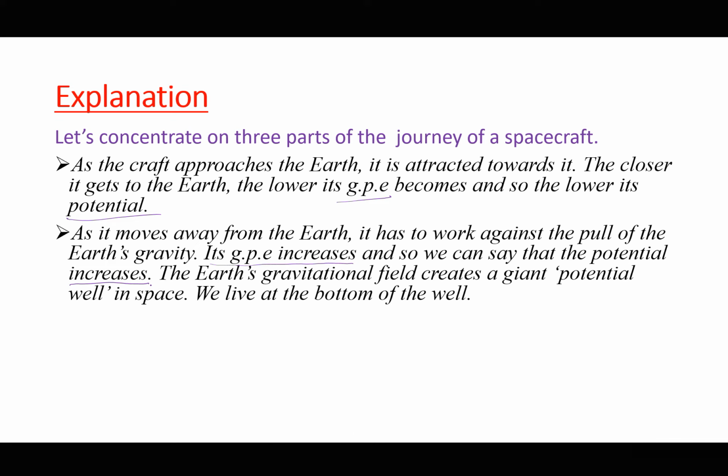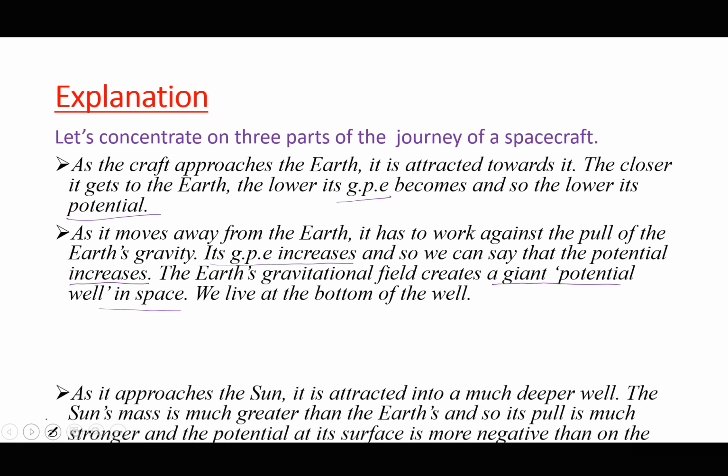Because tending to infinity, where the potential is zero, which is higher, it means the potential becomes less negative. We say the Earth's gravitational field creates what we call a giant potential well, and for us, we live at the bottom of the potential well. As you move away from the Earth's surface, the potential well becomes less strong.